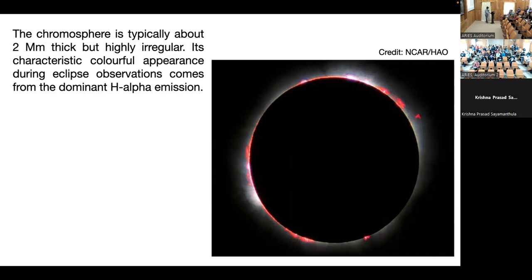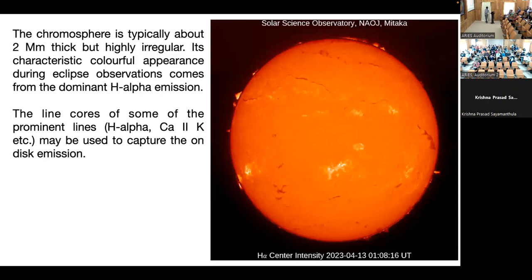So this is in dominant H alpha emission. But if you go to these lines, I have shown you in the previous plot, the H alpha core and the calcium K core, different spectral lines, the cores of those lines form in the chromosphere, right? In the previous era, we were not able to isolate that core because the bandwidth of the filters was not so narrow.